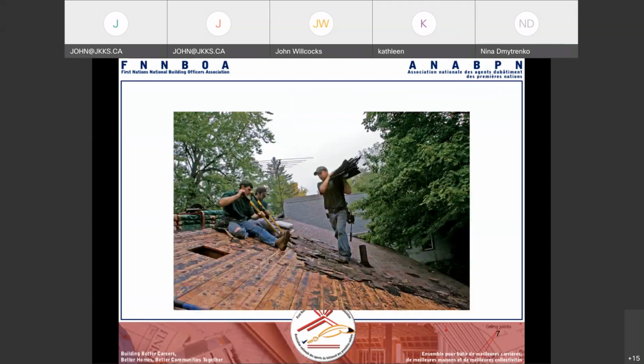Another picture. So we have three roofers working hard. And the risk I can see is that there's no safety harnesses on any of the three. So there's a risk of falling off the roof. Next one I want to look at.